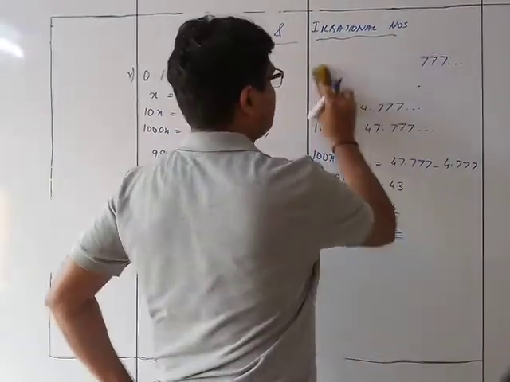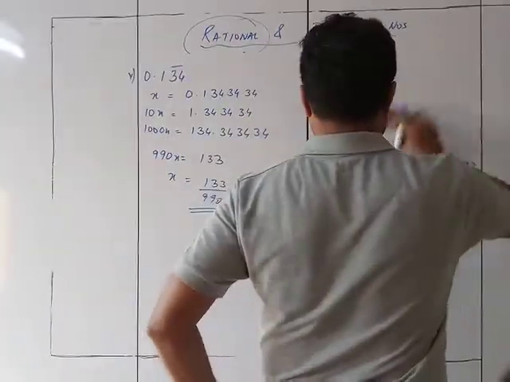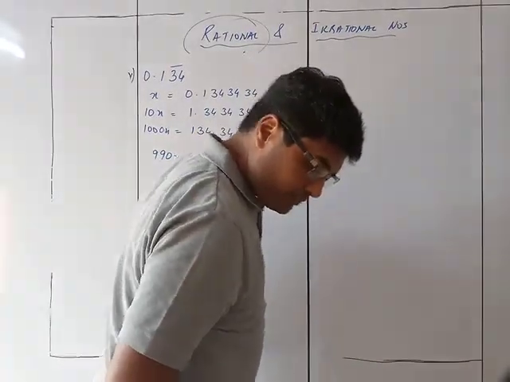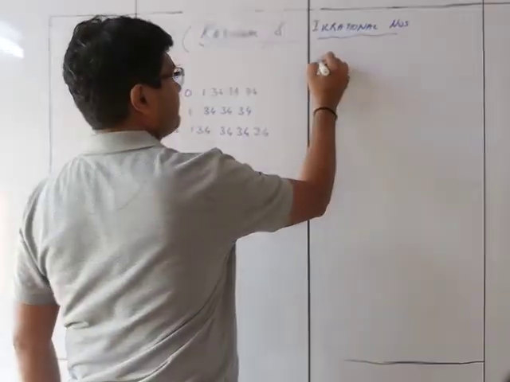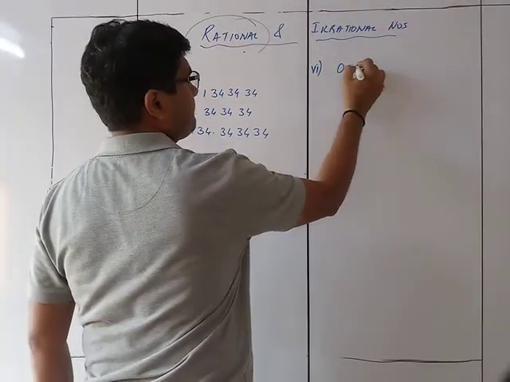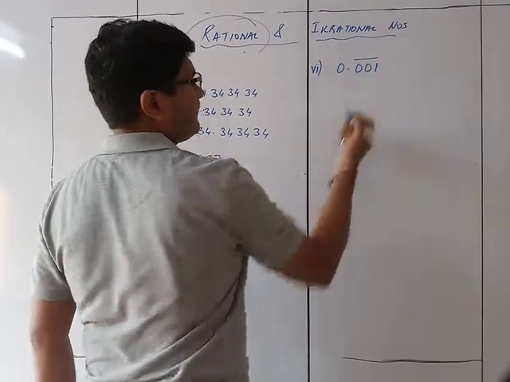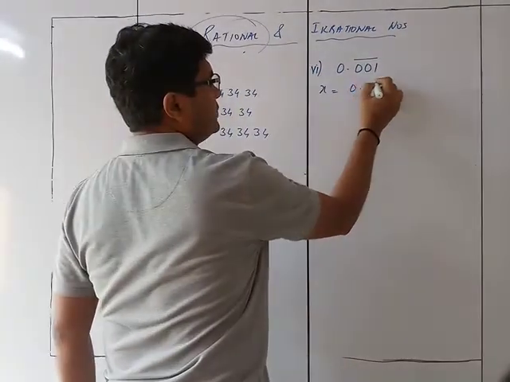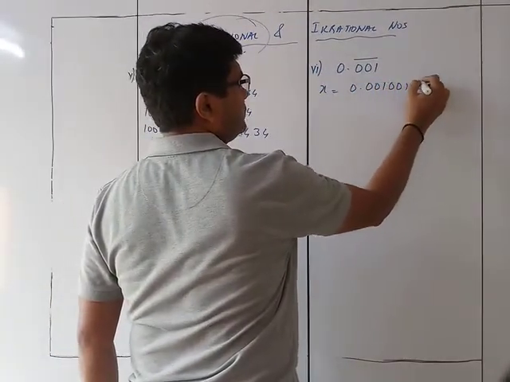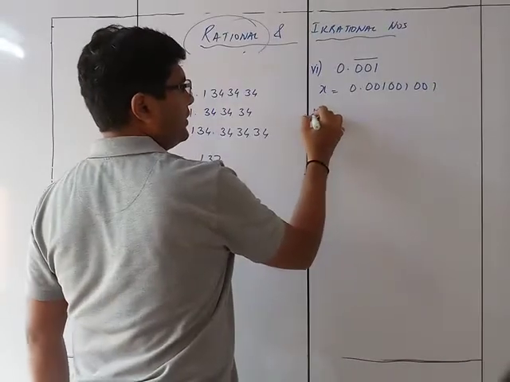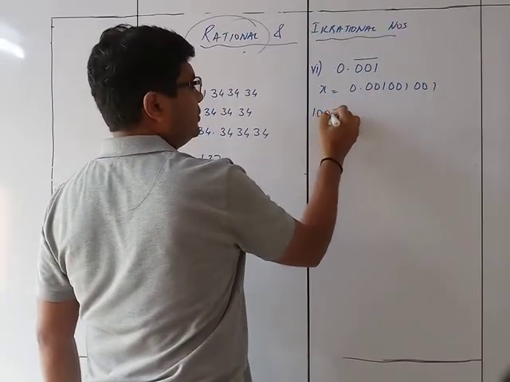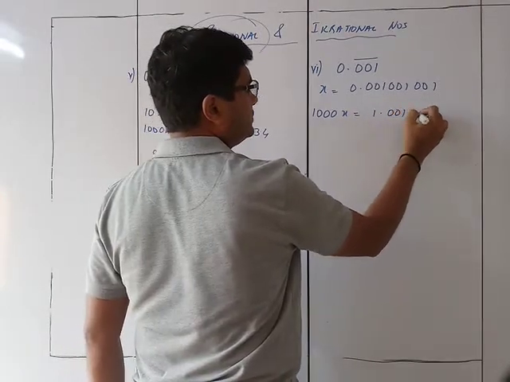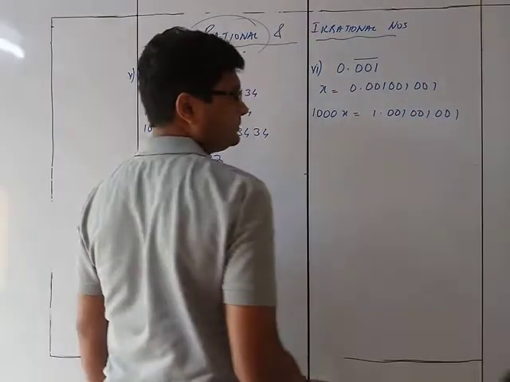We come to question number 6. That's the last question. So x over here is 0.001001001. So therefore I am going to make it 1000x is equal to 1.001001001.